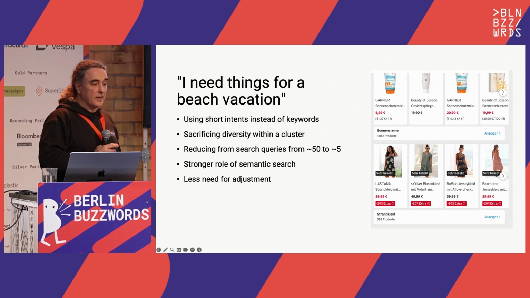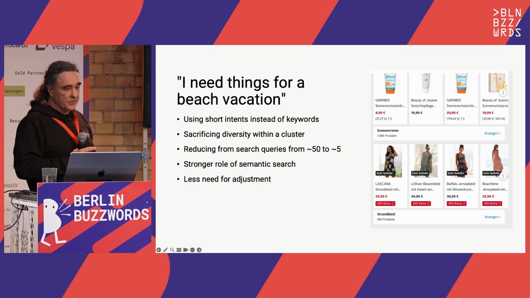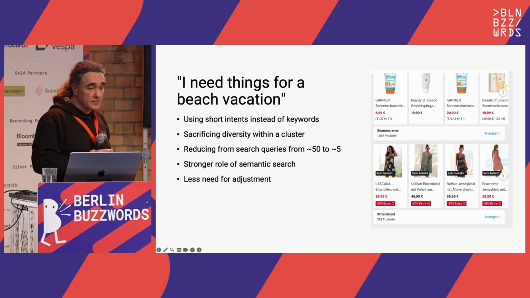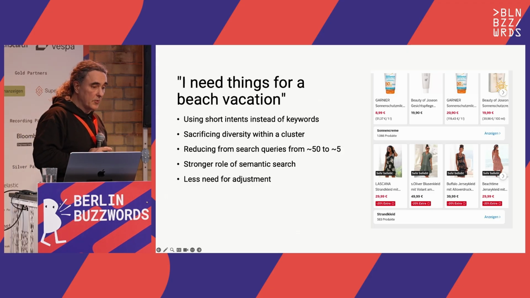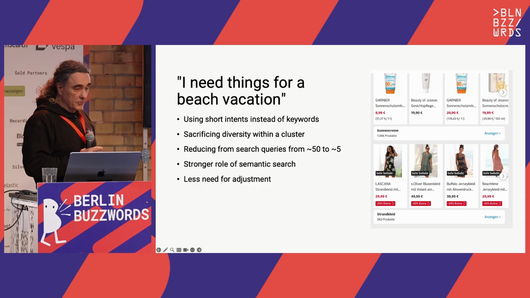So we are sacrificing a bit of diversity within an intent cluster, but we managed to reduce the number of search queries from 50 to 5, which is very helpful.